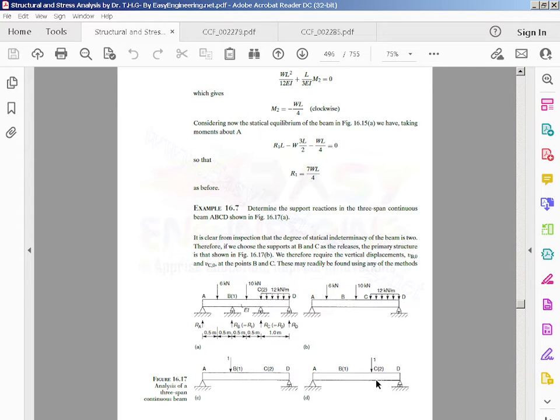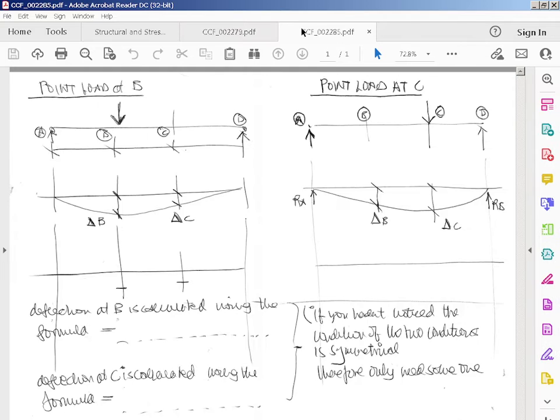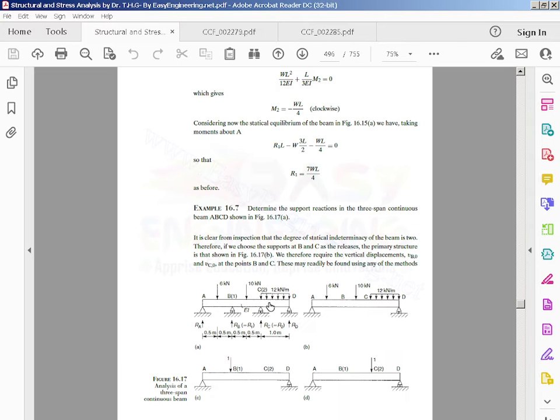I actually think it's easier to understand if it's going upwards, but I just copied his. So on his diagram 16.17c, he's got a load of 1 at B.